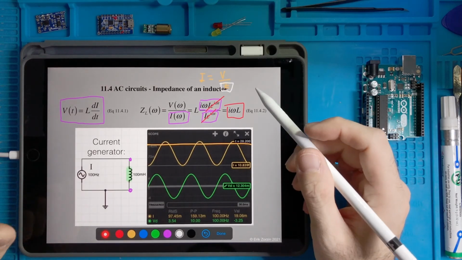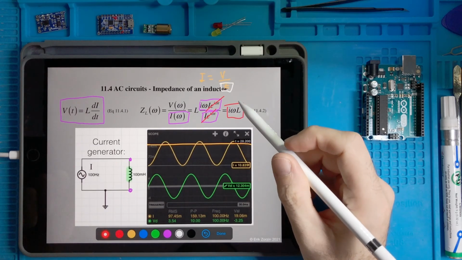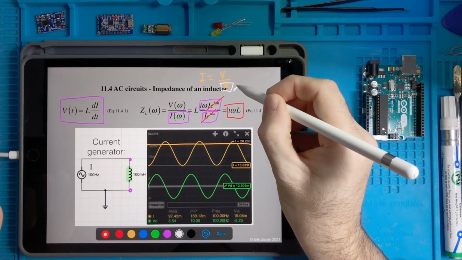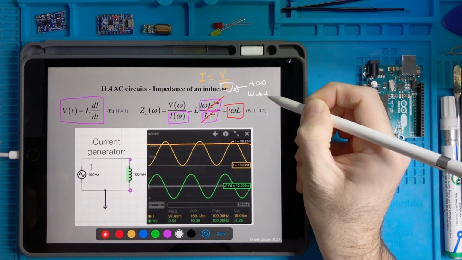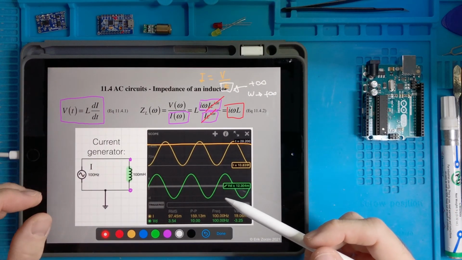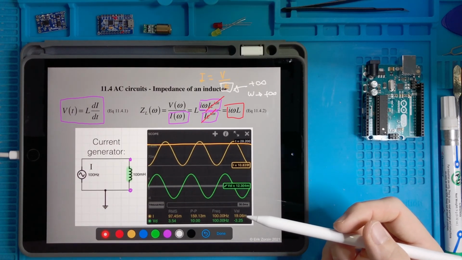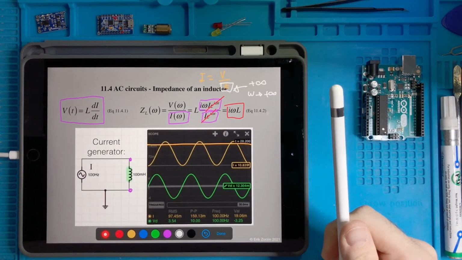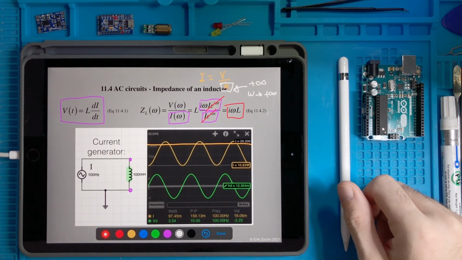The other thing is that if omega goes to infinity, then the impedance goes to infinity. So this thing goes to infinity when omega goes to infinity, and so we have 0 current for any voltage. So inductors at high frequencies are insulators. They don't allow any current flowing inside them.